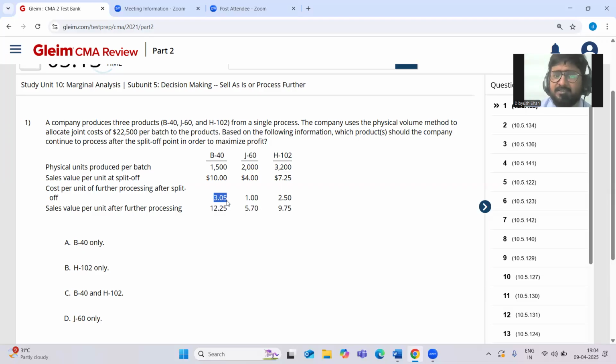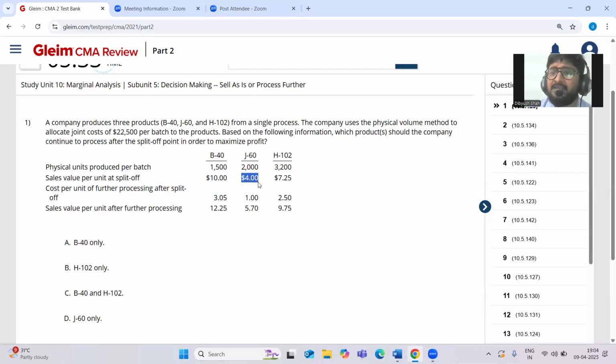Let's look at J60. The final sale value that I am getting is 5.70. The sale value per unit at split off is what I would have got if I had sold the product at split off.